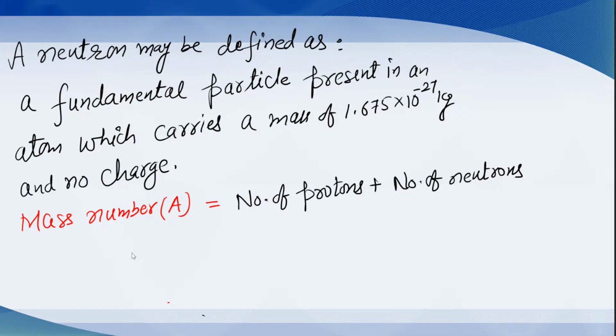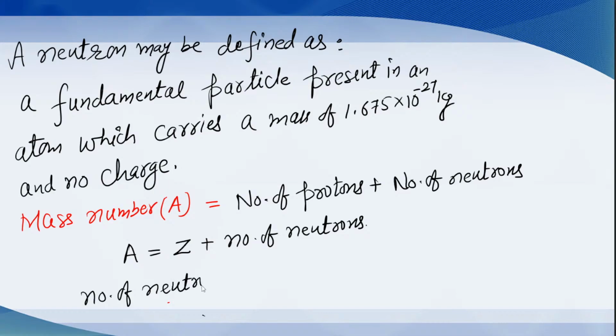And you know that the number of protons is equal to the atomic number. So in this way, the number of neutrons is equal to A minus Z. Number of neutrons is equal to A minus Z.